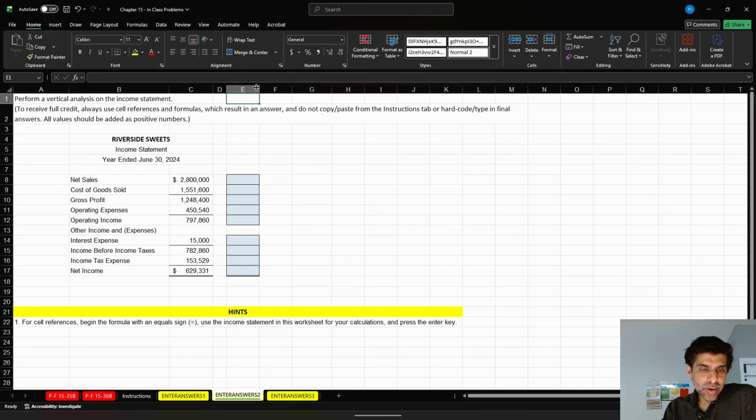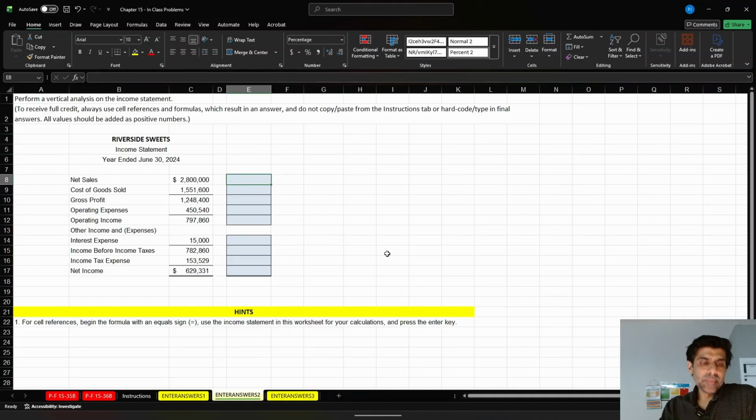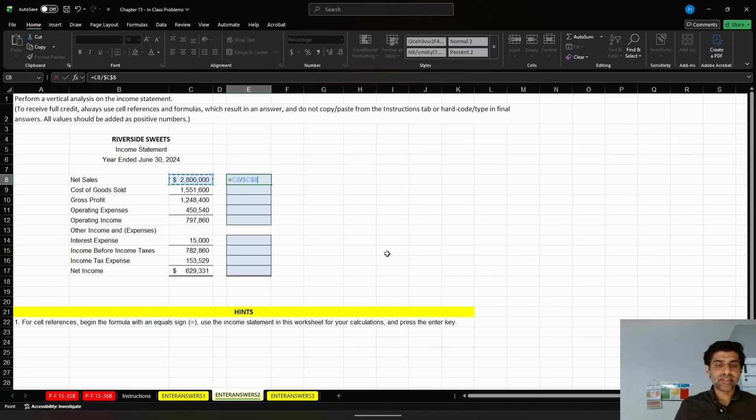Okay, so hopefully you're able to use what we've been doing in the format of the formulas to realize that you could just do the cell divided by your basis. And the basis, again, you have to put the dollar signs to fix that. So in this first case, it's just C8 divided by C8, but the denominator now has these dollar signs.